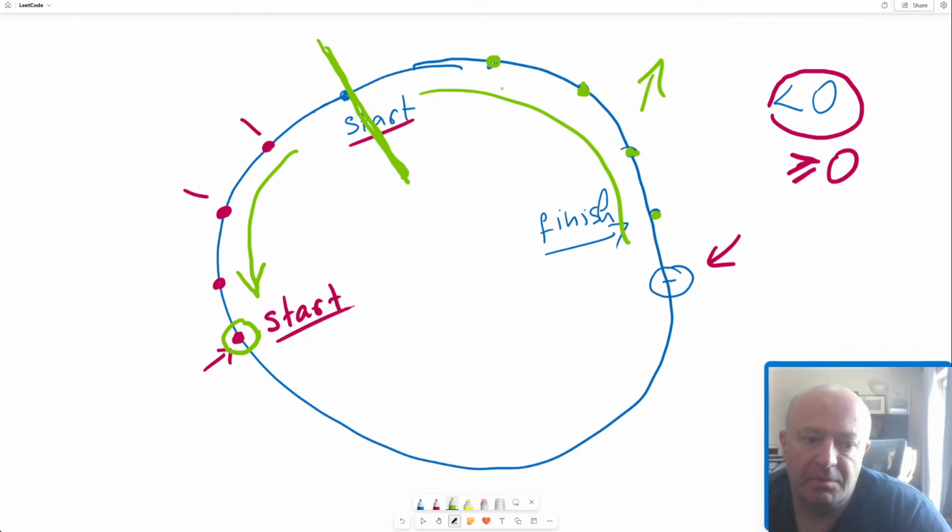Now, let's say at this point, if we were to start from this start, and at some point we get negative, that would be impossible. Why? Because then that would be the first time when things would get positive.